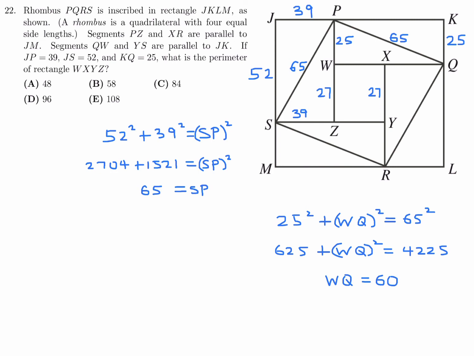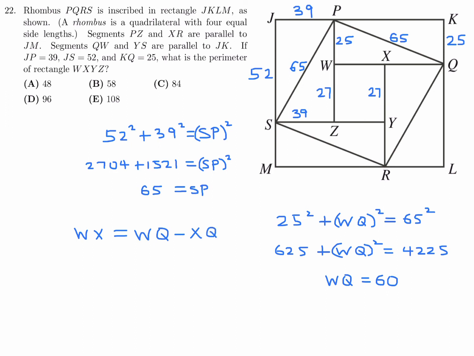So now we have to figure out just this WX from there to there. Okay, so this whole thing is 60. So WX is the final piece of the puzzle. That's basically just WQ minus XQ.